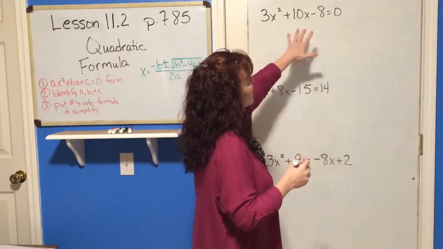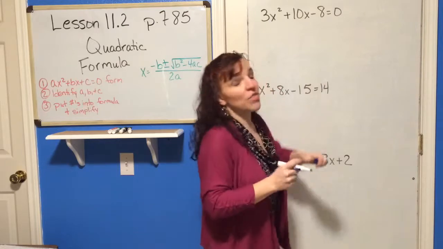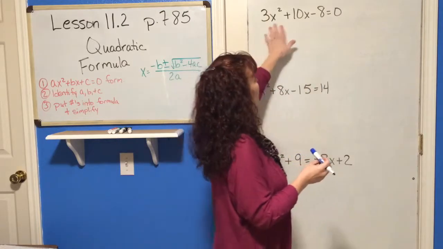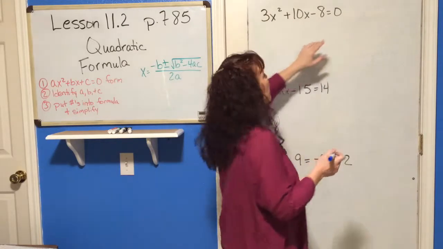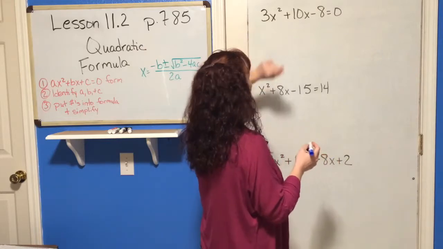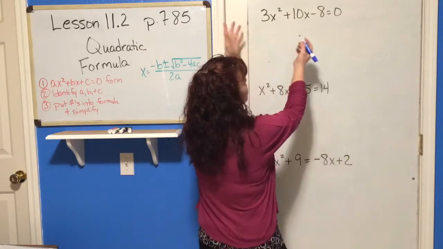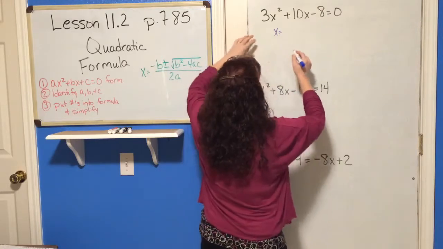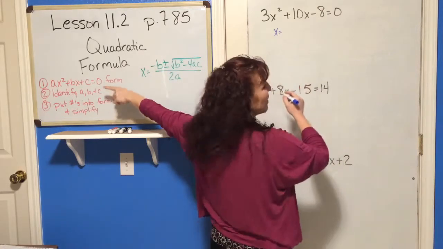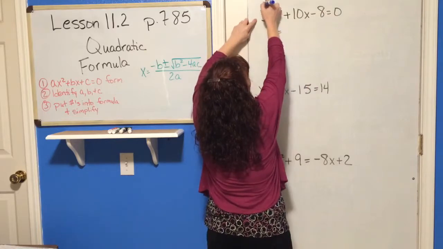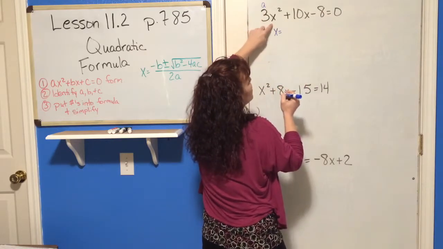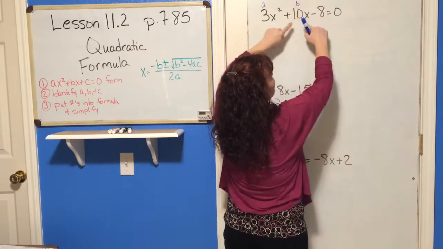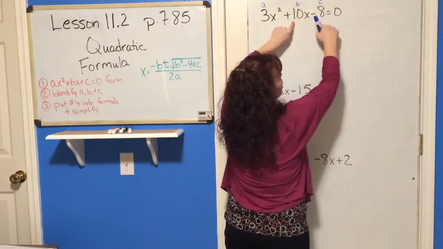3x squared plus 10x minus 8 equals 0. Well, that's already in the format ax squared plus bx plus c equals 0. So we're going to go to our formula and plug in. Oh, I didn't do step 2: identify a, b, and c. So a is the coefficient of x squared, b is the x term, and c is the constant term.